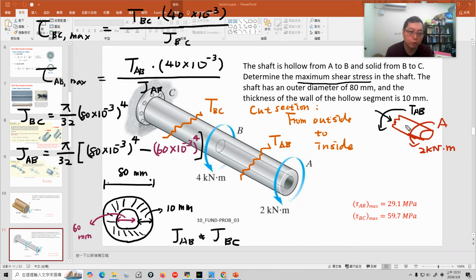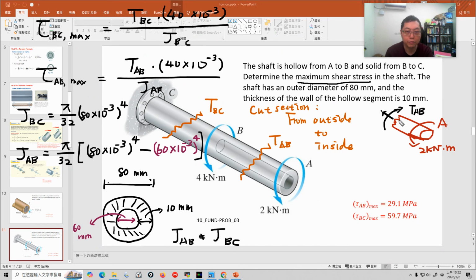But now we want to assume everything is positive, so I should assume this direction. When you apply the right hand rule with this rotation, the thumb points outward from the surface, the surface being here.